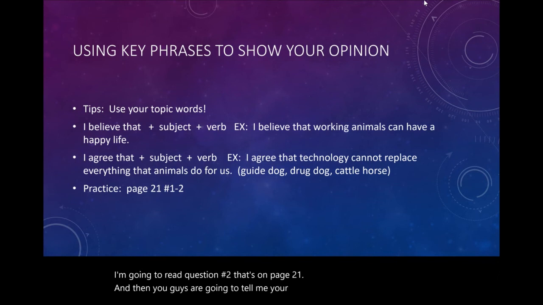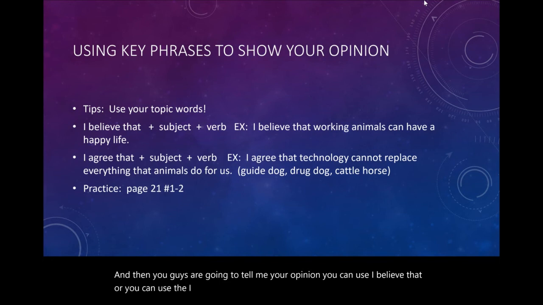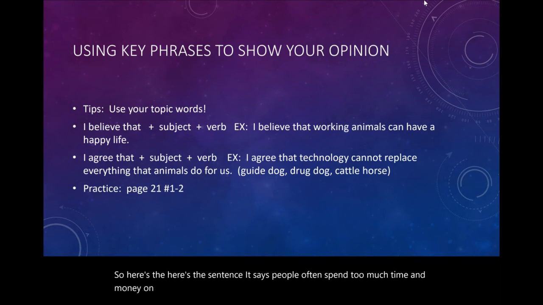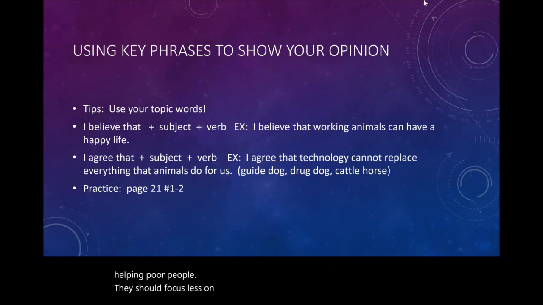You can use I believe that, or you can use I agree. Here's the sentence. It says people often spend too much time and money on animals. They should focus less on helping animals and more on helping poor people.